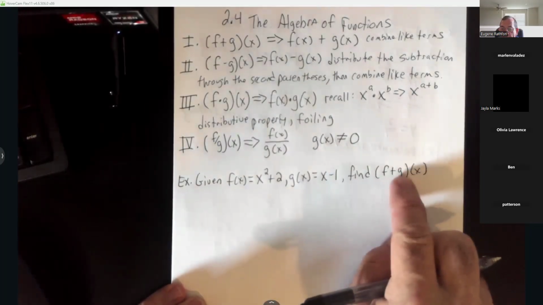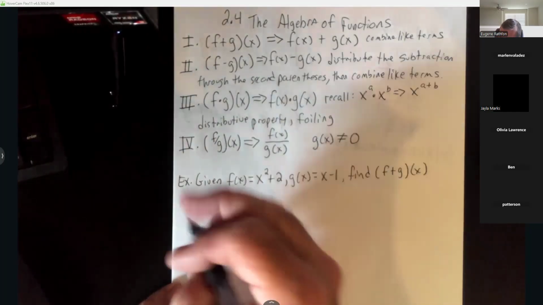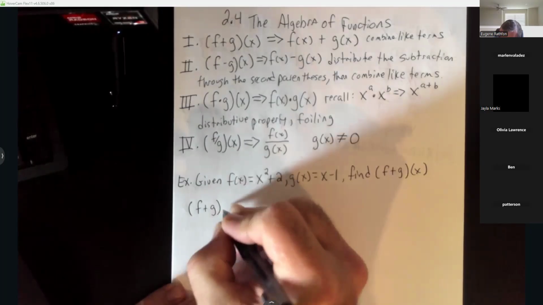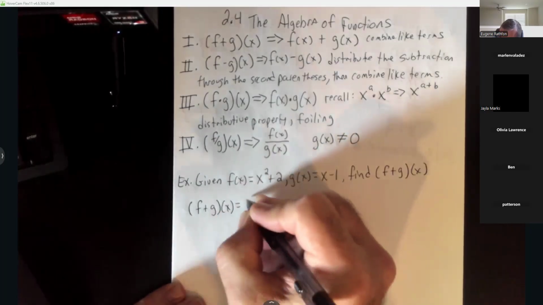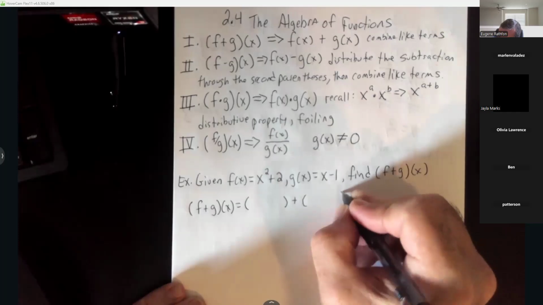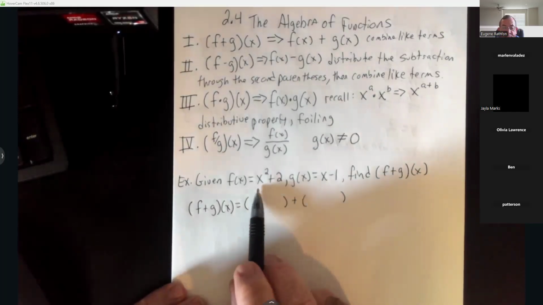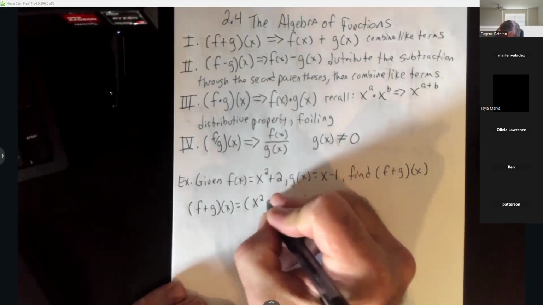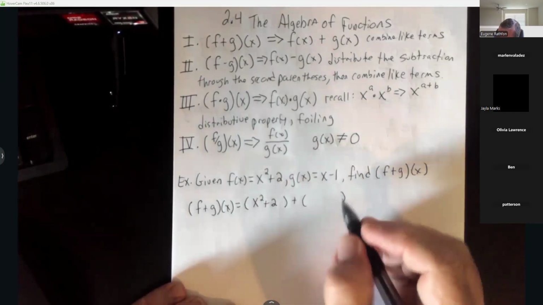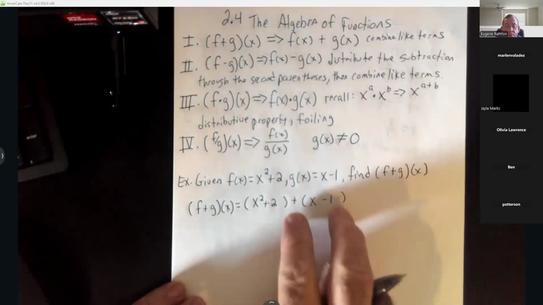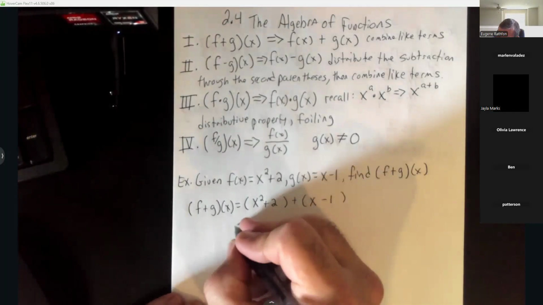So this is what they want me to find. So I'm going to start out with that. I'm going to do f plus g of x is going to equal my f plus my g. So f, they gave me x squared plus 2. G, they gave me x minus 1. So start out with parentheses on these.